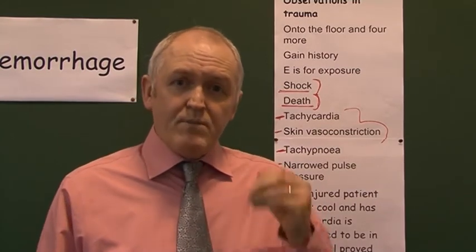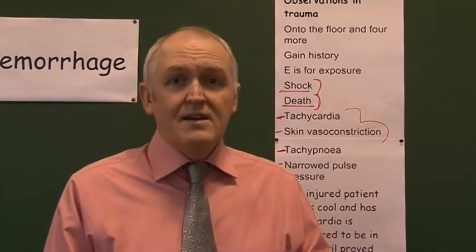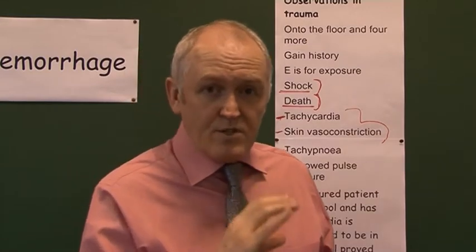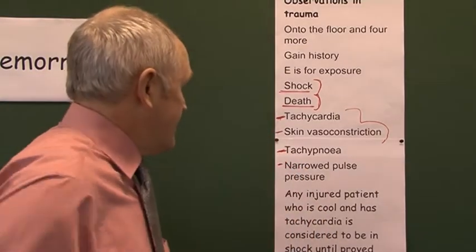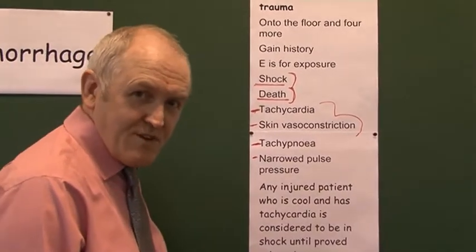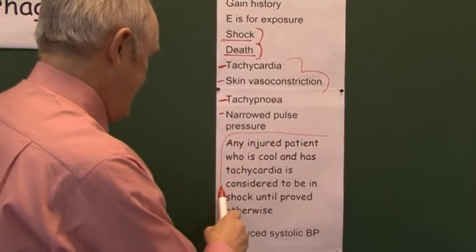But before that, you'd probably expect to see tachycardia, peripheral vasoconstriction and pallor, and tachypnea. But then narrowing of the pulse pressure is another indicator. And I just want to emphasise the importance of this as one of these reliable sayings, one of these trustworthy sayings. And this is it here.